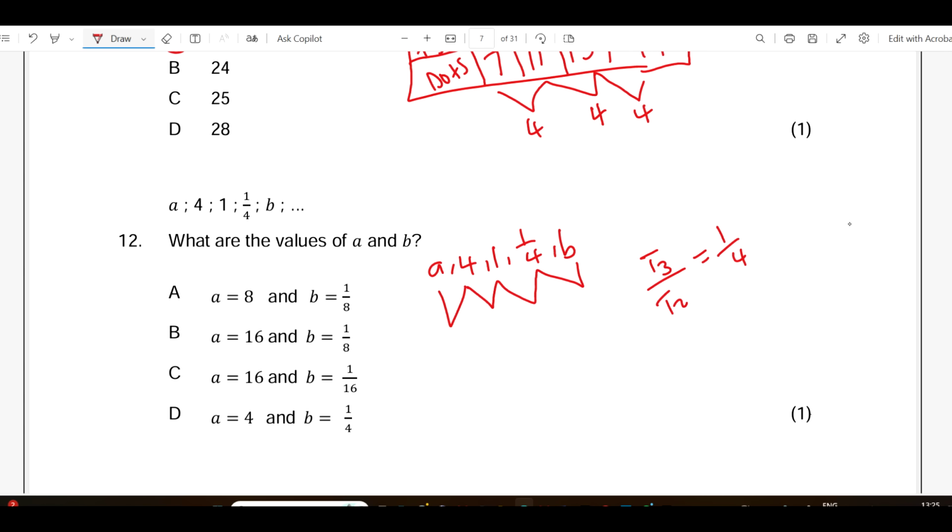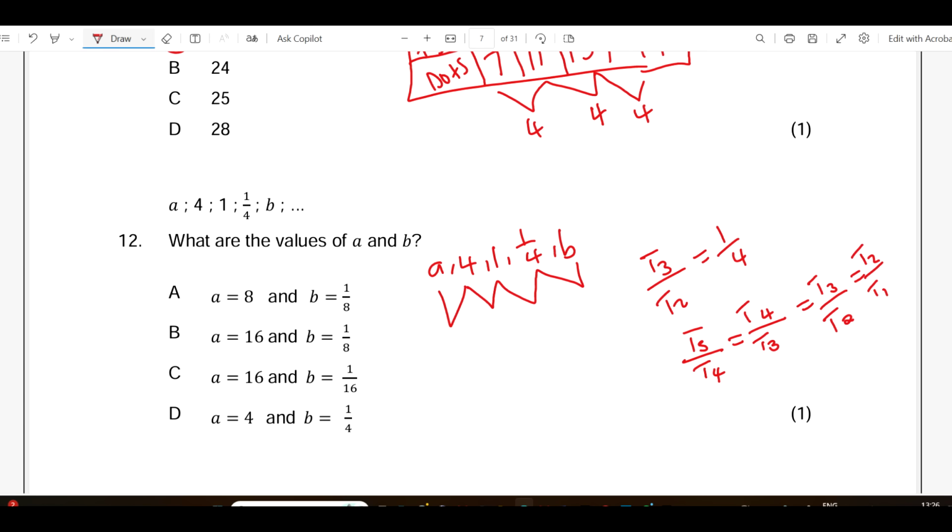And then it's gonna be like T5 divided by T4. It's gonna be equal to T4 divided by T3, and it's gonna be equal to T3 divided by T2. It's gonna be equal to T2 divided by T1.